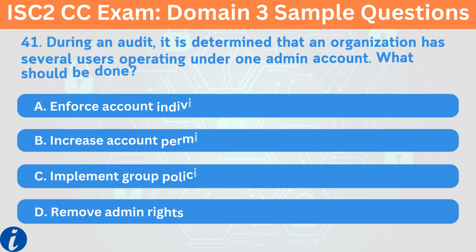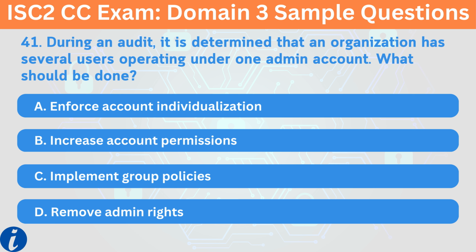41. During an audit, it is determined that an organization has several users operating under one admin account. What should be done? A. Enforce account individualization. B. Increase account permissions. C. Implement group policies. D. Remove admin rights.